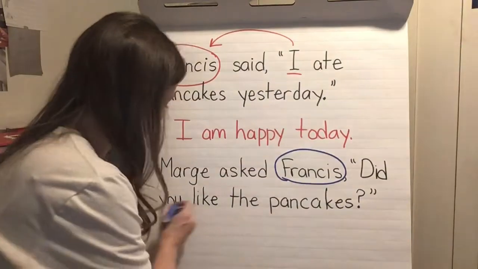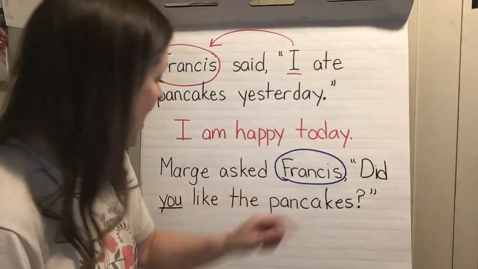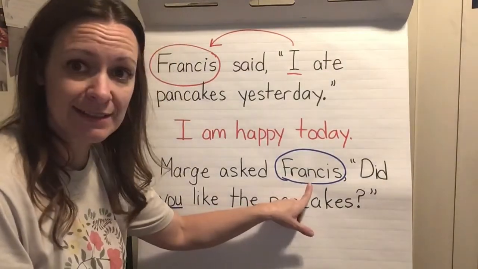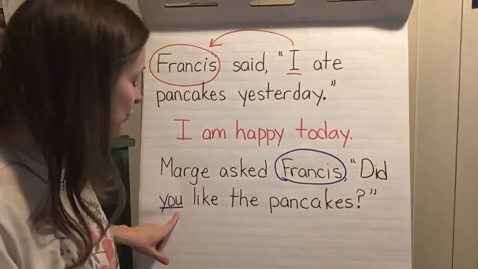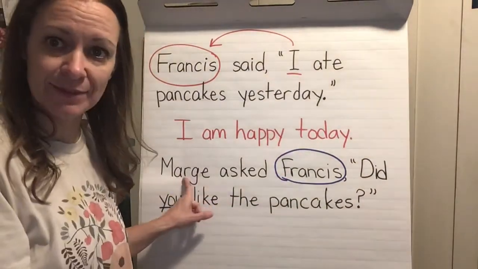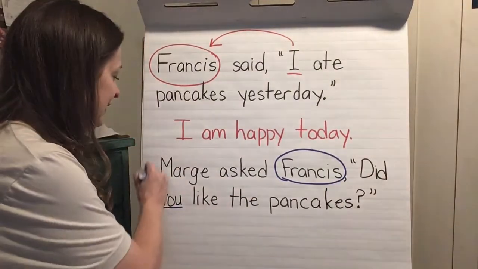And the pronoun that we have is you. So who did Marge ask if she liked the pancakes? She asked Francis. So we know that the pronoun you is replacing Francis. She's not talking to herself, right? So Marge asked Francis, did you like the pancakes?